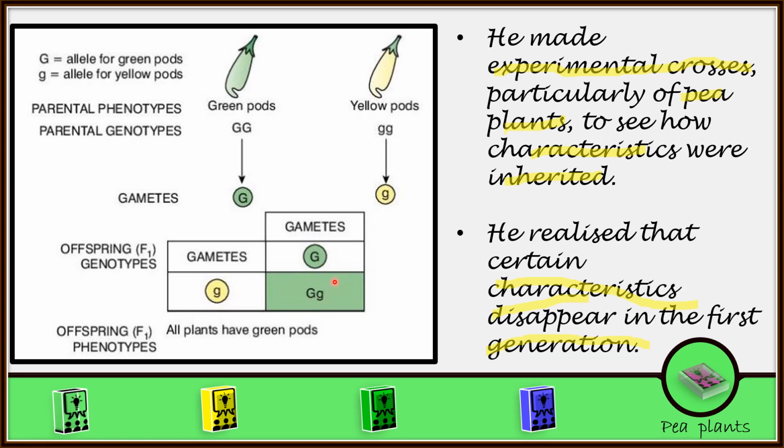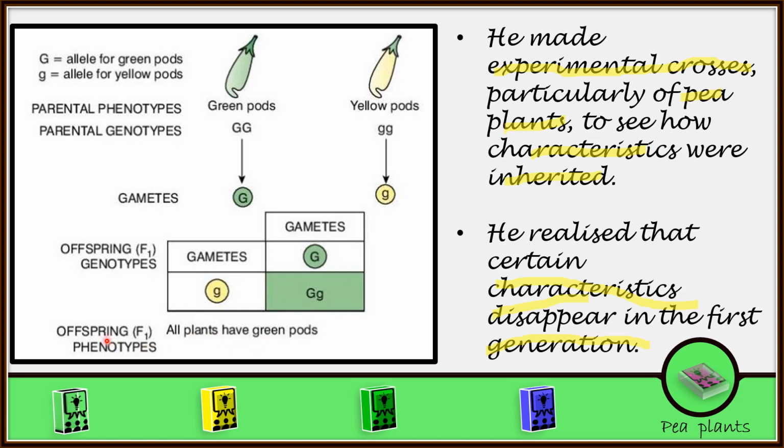Now, this capital G, small g is going to give us all the plants having a green pod. Why? Because the capital G is dominant to the small g. Therefore, capital G is going to express itself, and all the offspring will have the green pod.